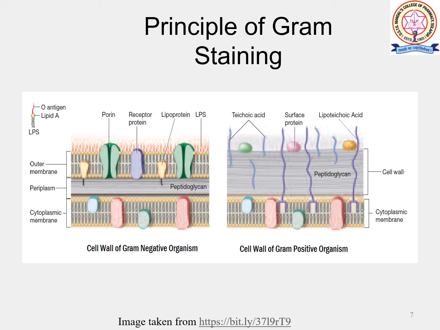In gram-positive bacteria, this is a very thick layer, so the CVI complex remains as it is and will not be washed off. The highly cross-linked peptidoglycan layer gets dehydrated. Only water removal takes place, but the crystal violet and iodine complex remains there.